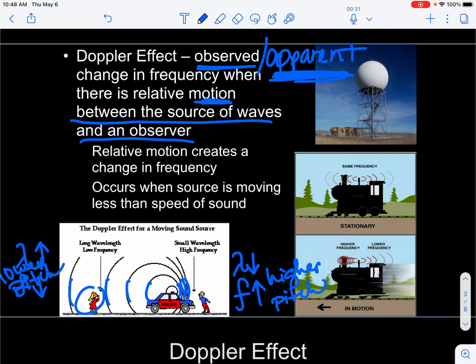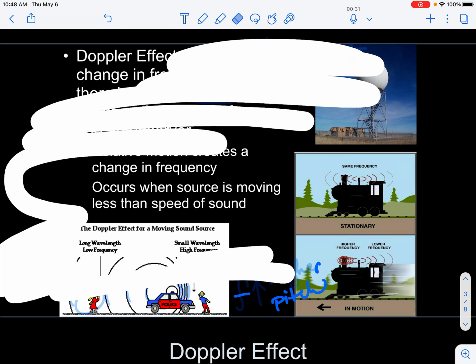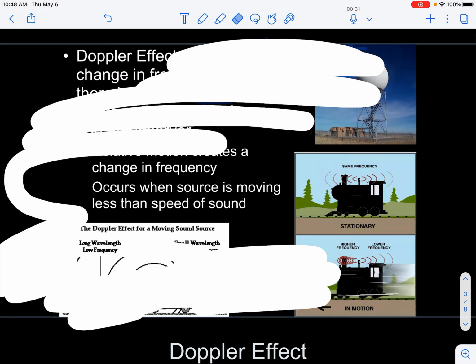This is why you hear those differences. If you think about an ambulance or a fire truck or a police officer with its siren on, you hear that higher pitch as it's coming towards you instead of as it's going away, because as it's leaving, you hear that lower pitch until you really can't hear it anymore.